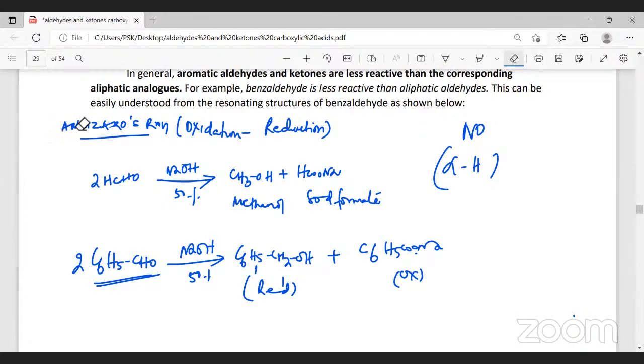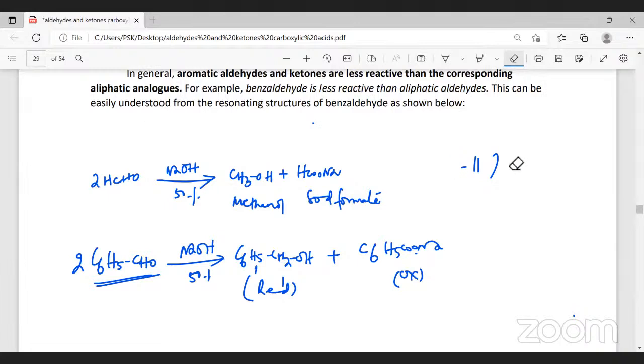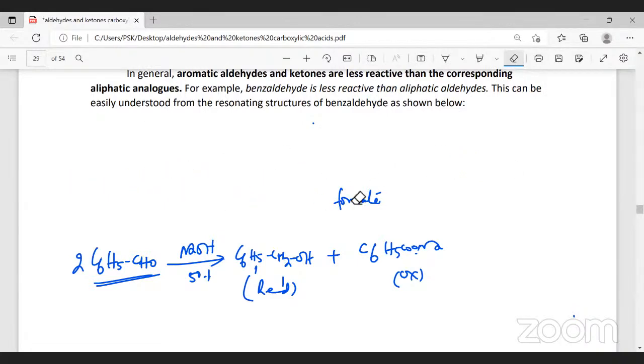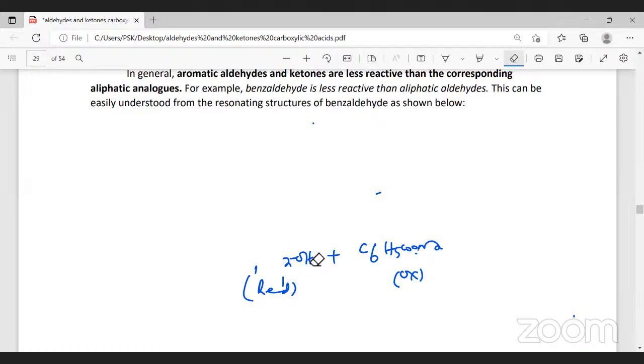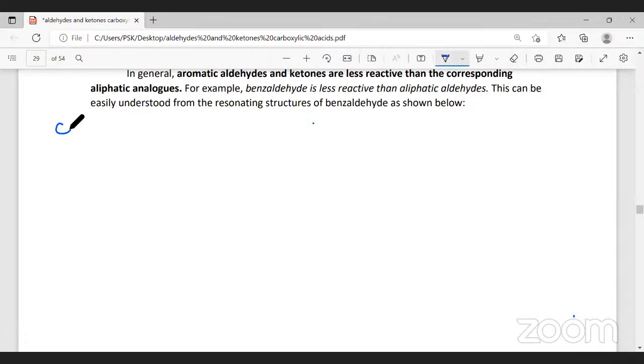Yeah. Now, the other two named reactions we have, we will learn quickly. The third named reaction we have to learn is called Clemmensen's reaction.